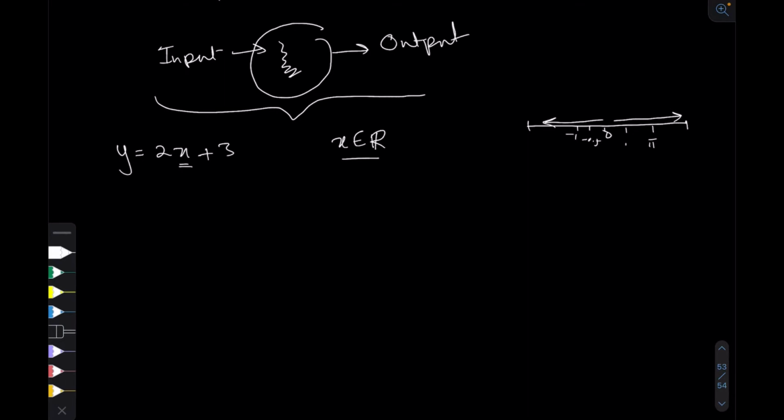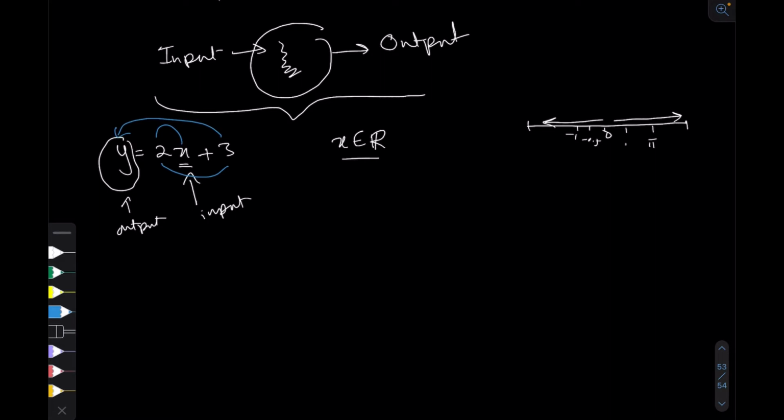So x is a variable over here. We are defining the output y. We are inputting some value x, multiplying that by 2, and whatever answer that gives us, we are adding 3 to it, and whatever answer we get is the value of y.